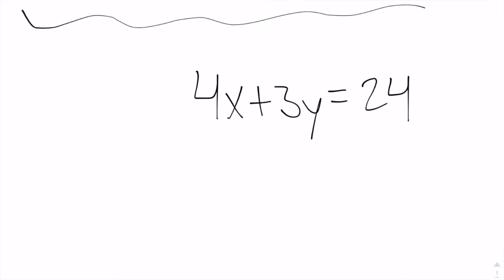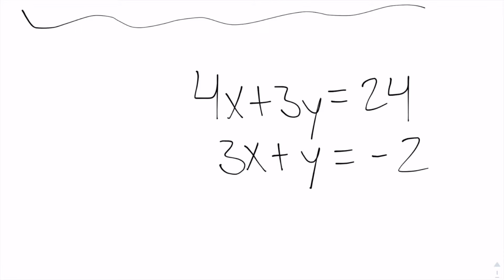So the first example we have here, it says, how do you solve each equation using linear combinations? The example is 4x plus 3y equals 24, and 3x plus y equals -2.